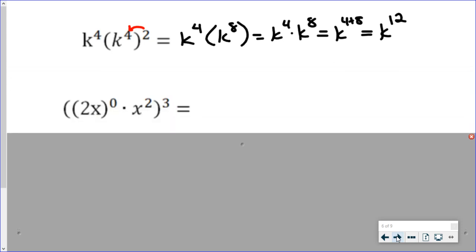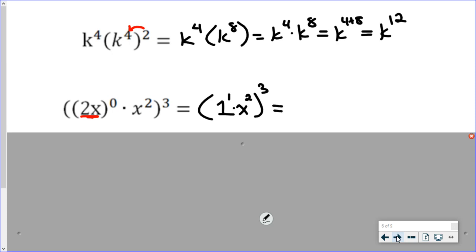Okay, let's look here. First thing I want you to do is look at this whole thing. This whole thing to the power of 0 actually becomes 1. And then you still have x squared to the 3rd.